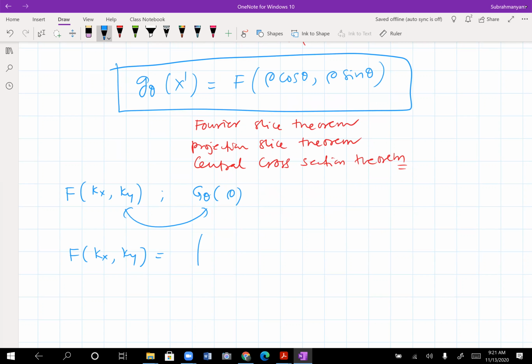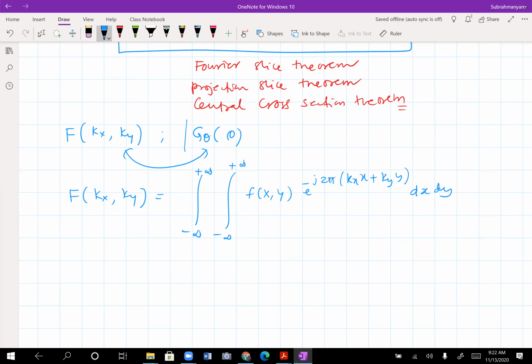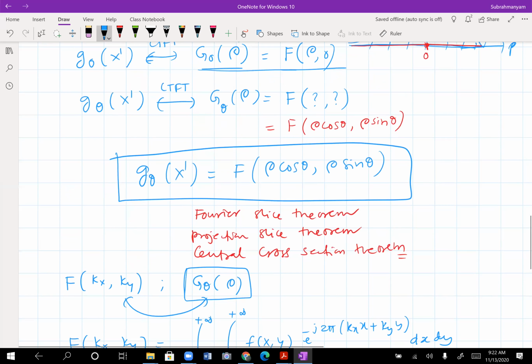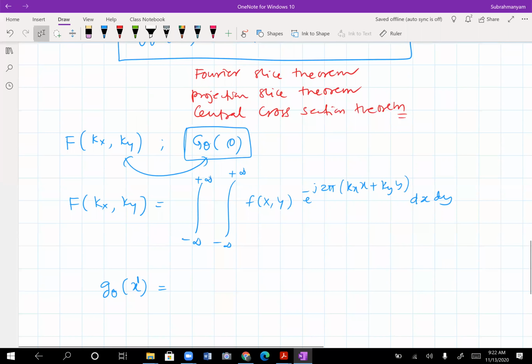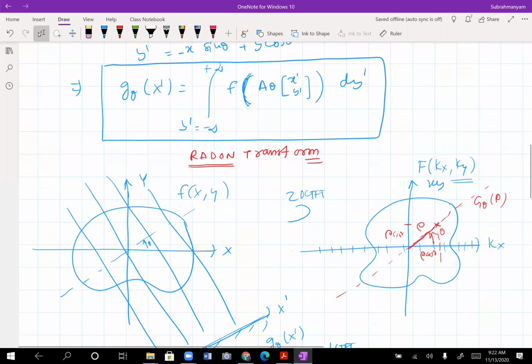F of kx comma ky is the double integral from minus infinity to plus infinity, minus infinity to plus infinity, of f of x comma y, e power minus j 2 pi times kx x plus ky y, dx dy. Now let us write the expression for g theta of x prime.